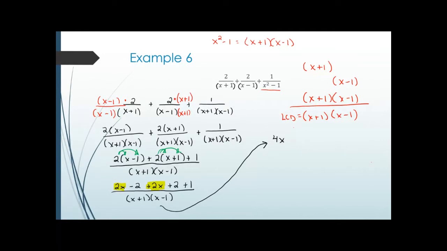Then I want to add the numbers. So I have a negative 2 plus 2 plus 1. Negative 2 plus 2 is 0, so those cancel. All I'm left with is plus 1. And then x plus 1 times x minus 1 in the denominator.